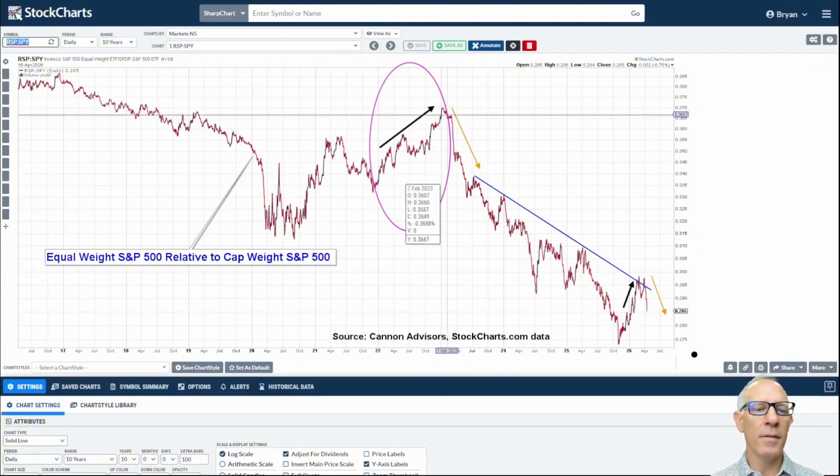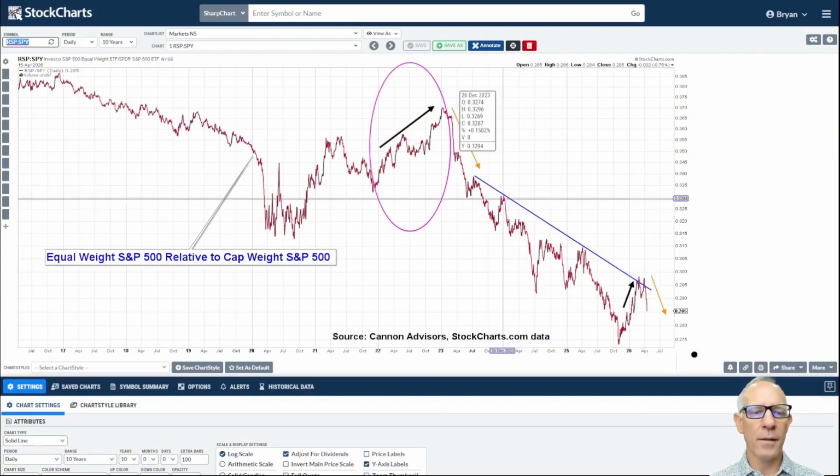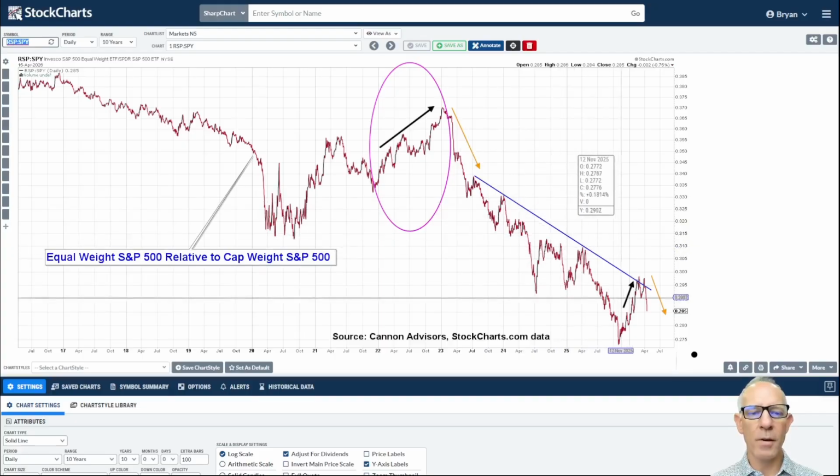And then when the market began to take back off in 23, it made a lot more sense to concentrate your positions in the top 10 stocks of the S&P 500. And that relationship continued to linger down.